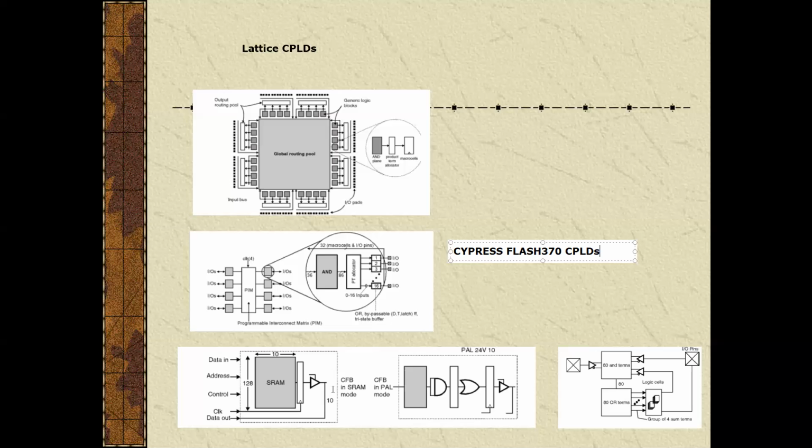Each PAL-like block can be configured as a block of 10 nanosecond static RAM. This concept is shown in the lower part of the figure, which shows a CFB can be used as a PAL or configured as an SRAM.